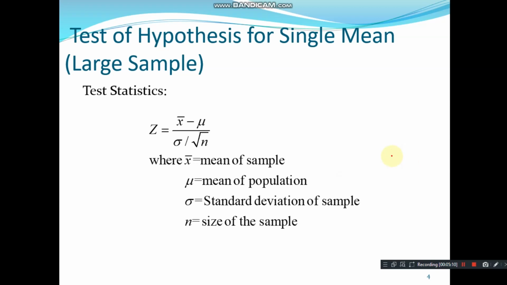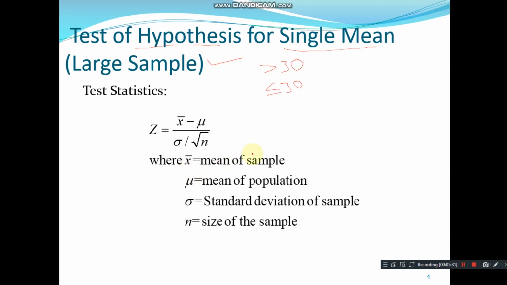Now let us go for test of hypothesis for single mean. This is related to the large sample. When the size of the sample is greater than 30, we call it a large sample. If it is less than or equal to 30, we call it a small sample.